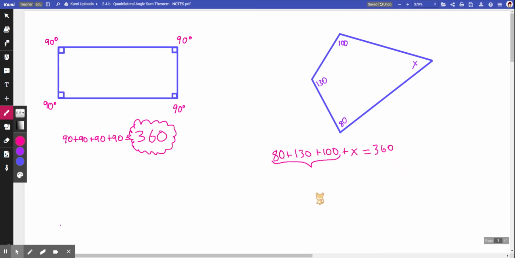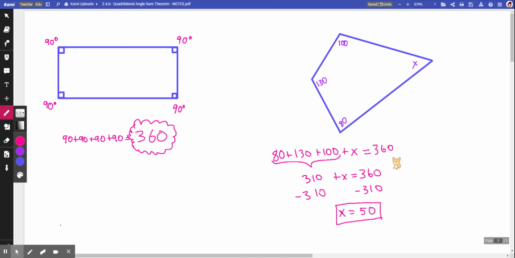So combine my like terms and I get 310. And so x equals 50 degrees.